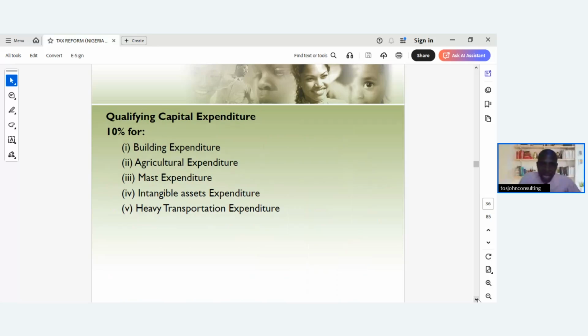So, qualifying capital expenditures and their rates. 10% is what we have for building expenditure, which is just annual allowance. Agricultural expenditure, mast expenditure, this is for telecommunication, the mast, you know what it is. Then intangible assets expenditure, heavy transportation expenditure, they are all 10% annual allowance.